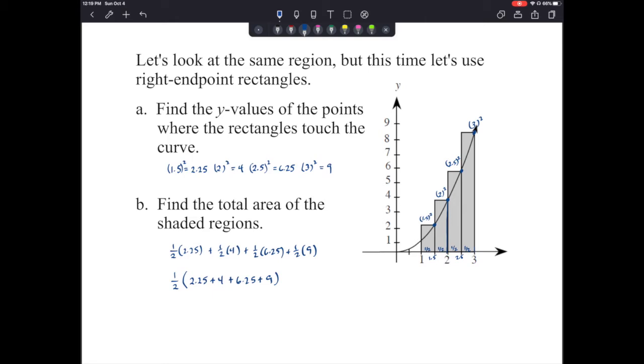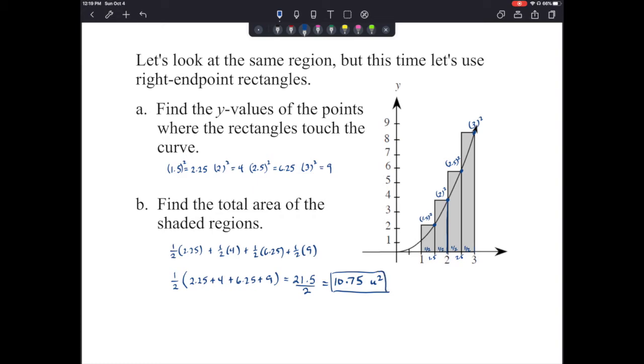And when we add those together, let's see, 8.5, 12.5, it looks like we are going to have 21.5, and we still need to divide that by 2, which is going to give us 10.75 square units.